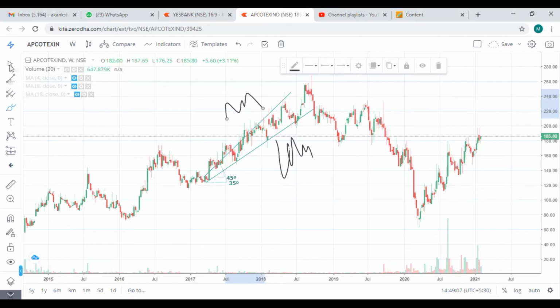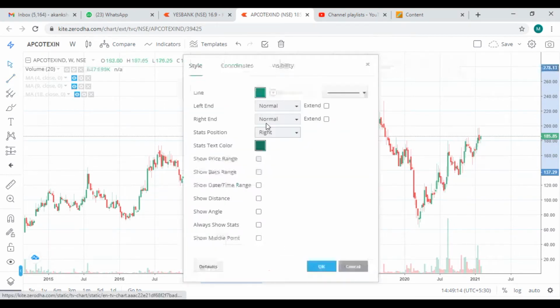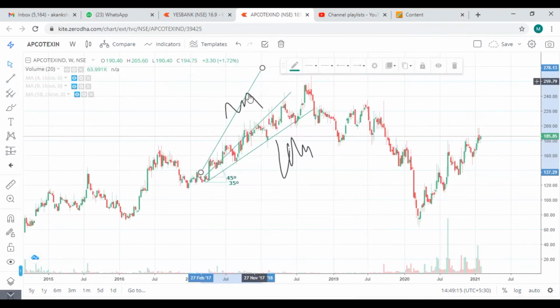Let's suppose again, you start from here and your trend line is here. This is your actual trend line. This is very much above 45 degree angle. So this means that your trend is moving very quickly in an upward direction, and anytime it can change its direction and come down, or it can change the trend, or the prices may fall.